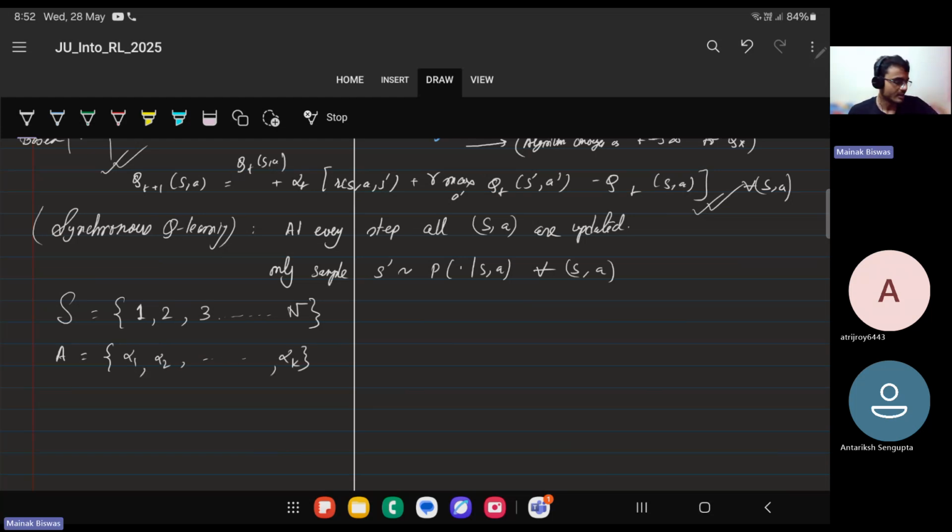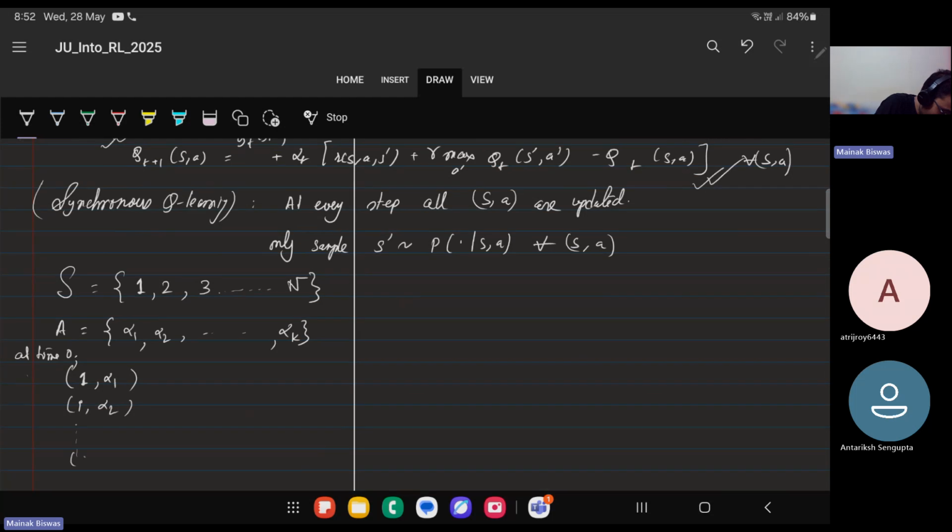This is fine. Okay, so say these are the states and these are the actions. So I'm saying for every pair 1 comma alpha 1, at time 0, similarly 1 comma alpha 2 all the way to 1 comma alpha k.